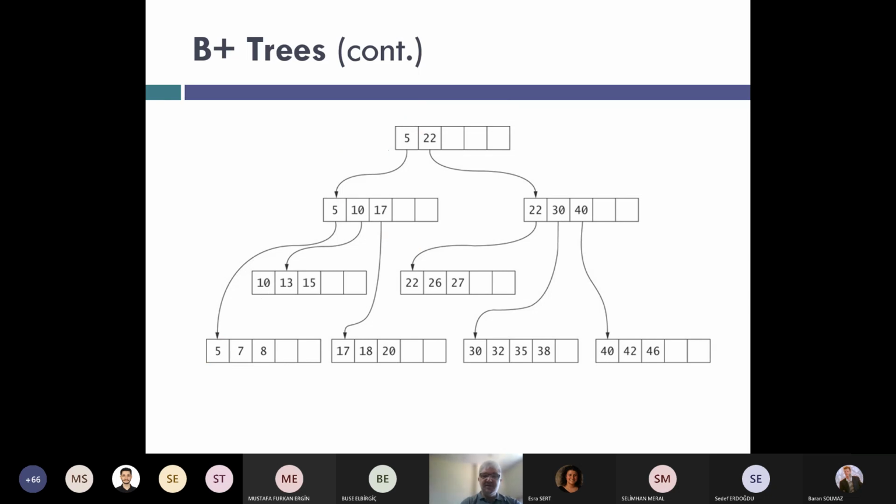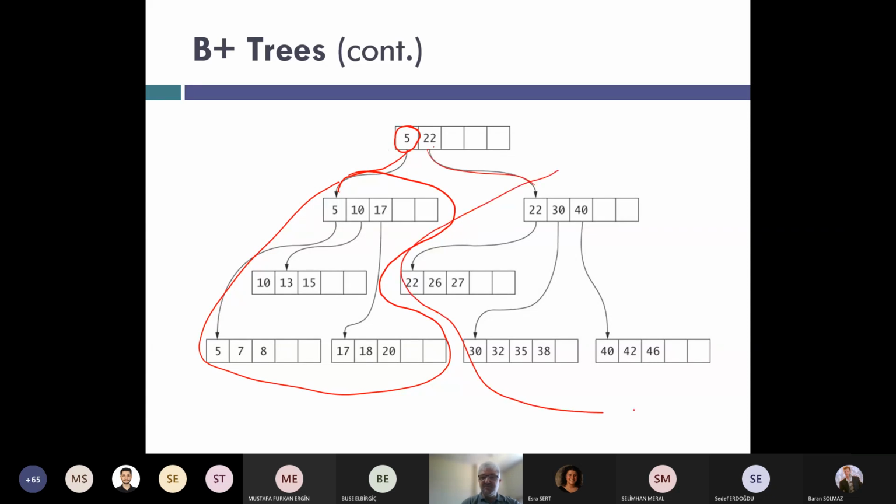We repeat. So this link, this subtree, contains all the values, including 5 until 22. This subtree contains all the values from 22, including 22 of course, to this value. This value is not, so everything.